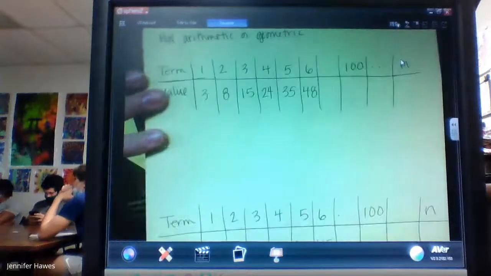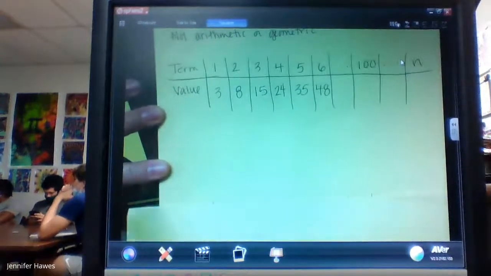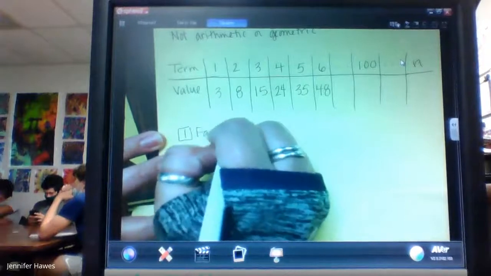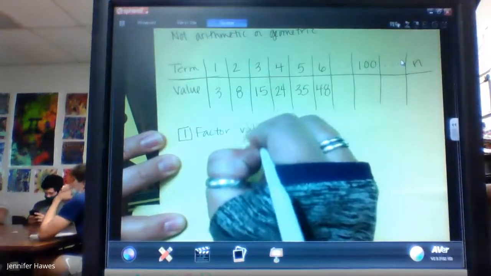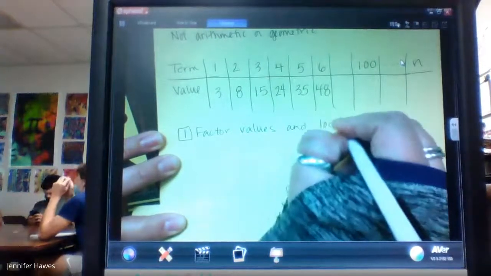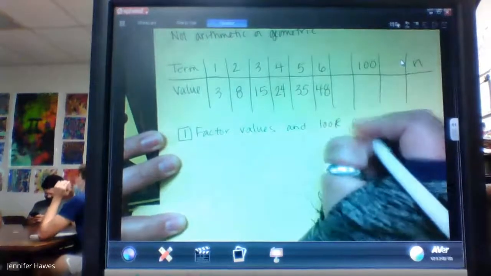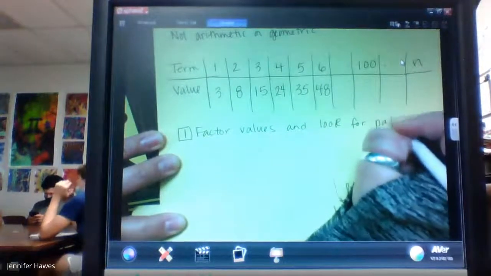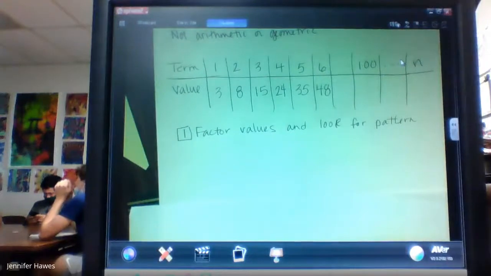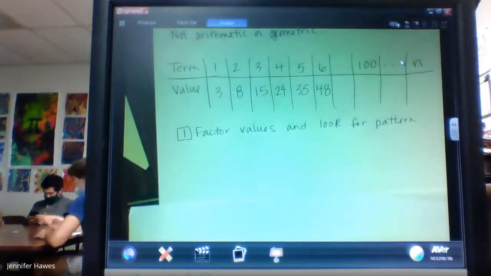Okay, so the first thing you're going to do is, oops, that's okay. Okay, so what you're going to do, and that's a K, whereas it says look.